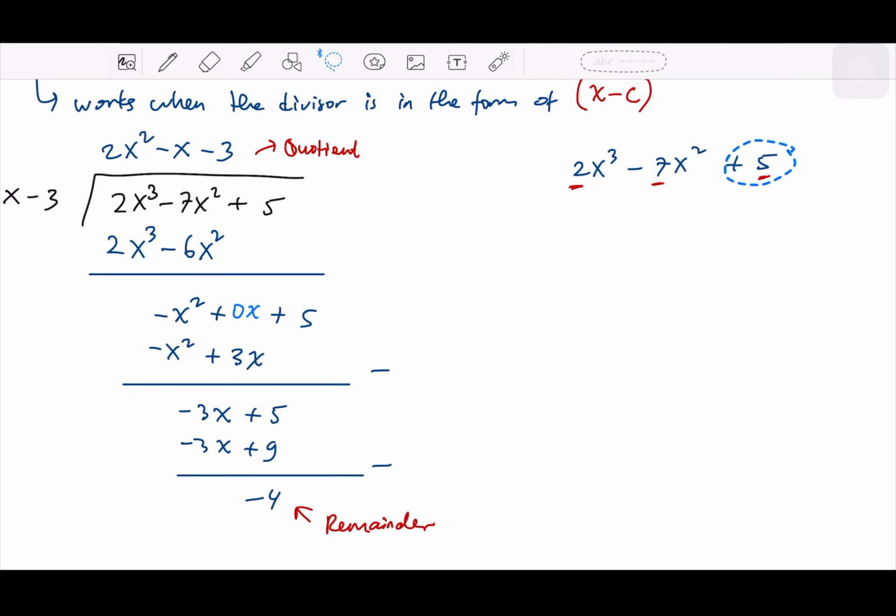So this is a constant here, but it actually has an x whose coefficient is 0. So we write all the coefficients: 2, negative 7, 0, and 5.